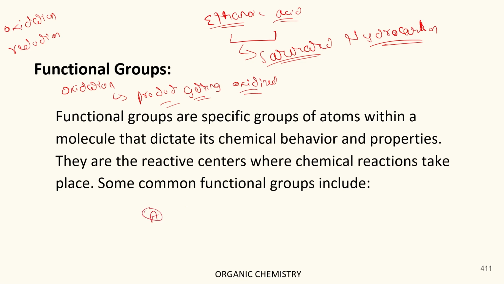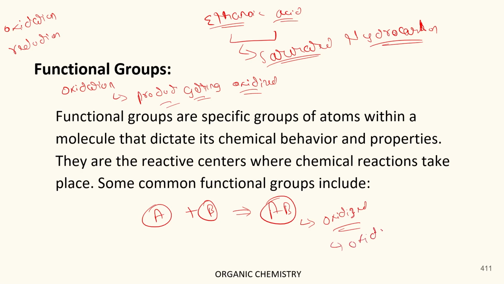For example, A reacts with B and produces AB. These are the reactants and this is the product. When AB gains oxygen and gets oxidized, it is an oxidation reaction in simple terms.